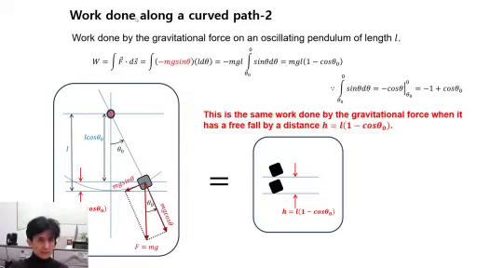There is a final example about a pendulum. If an object is hung on a pendulum, and it can oscillate back and forth with an angle theta, and this is the pivot point, and the length of this pendulum is L, can we calculate the work done by the gravitational force when it starts from theta 0 and ends up at theta equals 0?